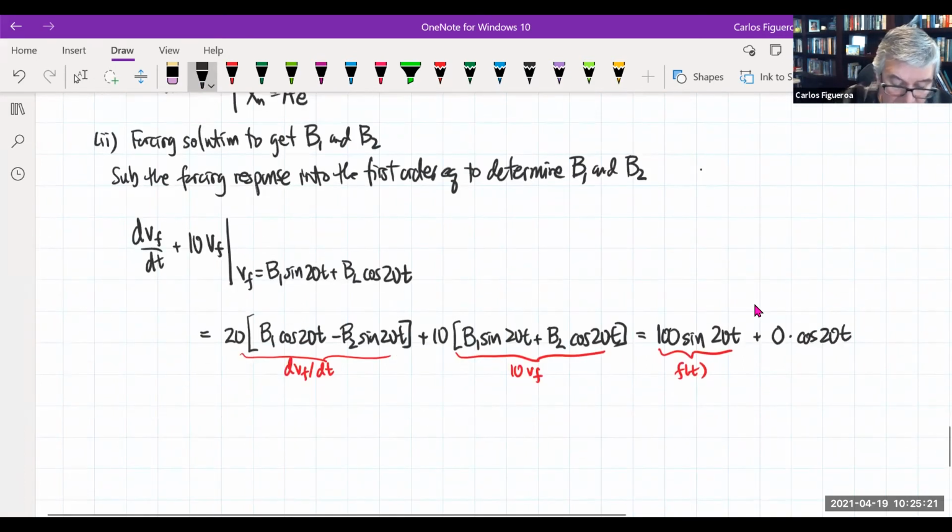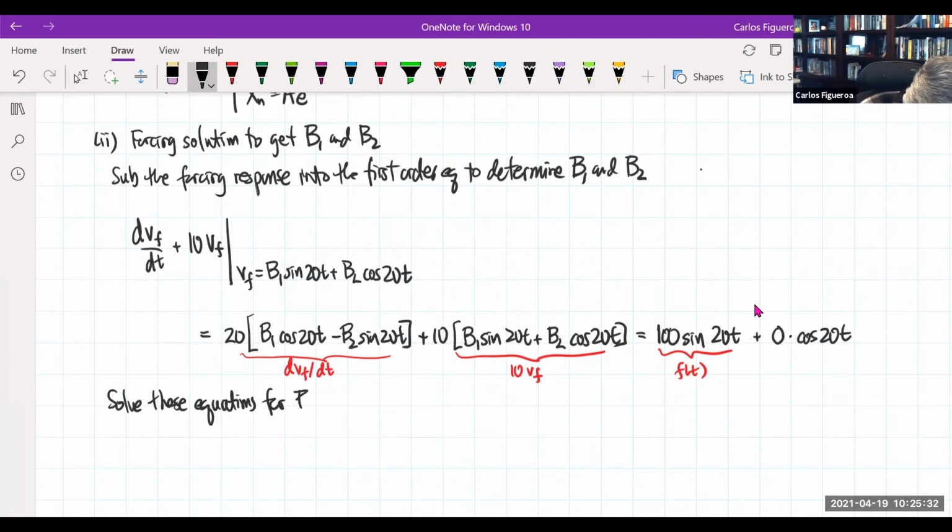So what we have to do now is solve these equations for B1 and B2.